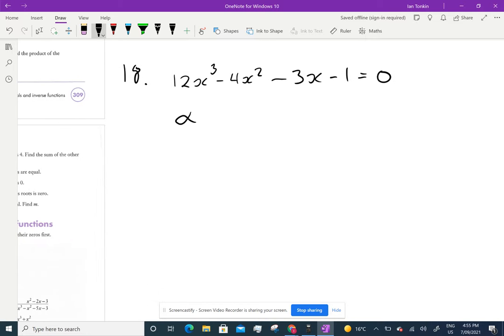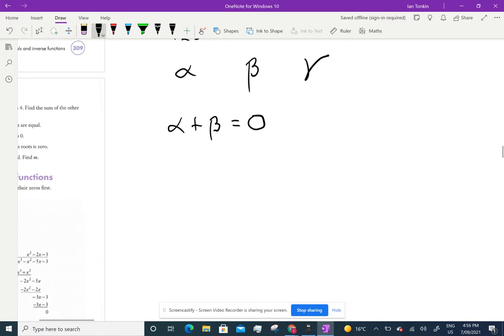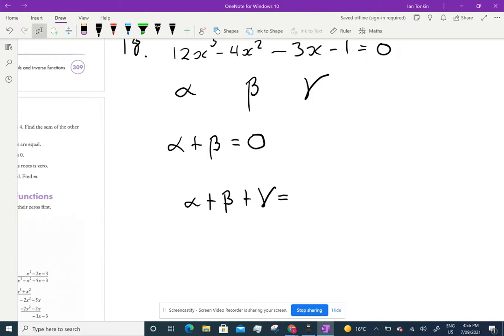So let's let the roots be alpha, beta, and gamma. And let's say that alpha plus beta, it doesn't matter which ones you use, equals 0. Okay, well, let's write our two equations. Alpha plus beta plus gamma equals minus b on a.